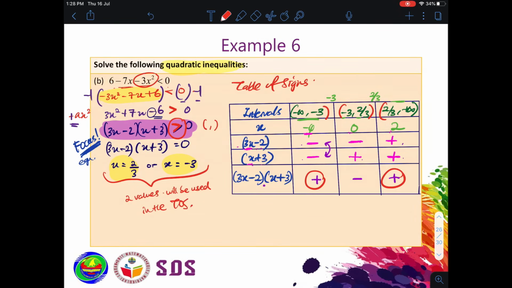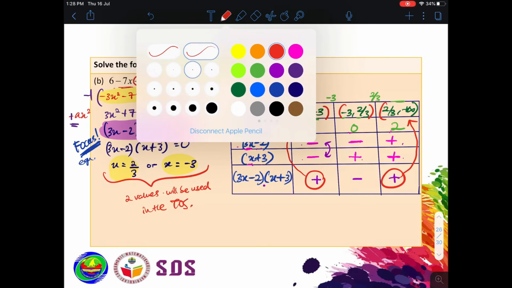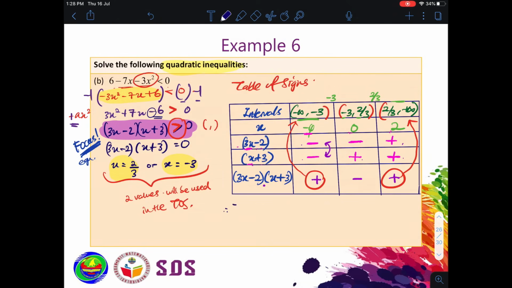So the positive sign, this will be our answer and this will be our interval. Therefore, in conclusion, in interval form, our answer is from negative infinity until negative 3, open bracket, union with 2 over 3 until positive infinity.